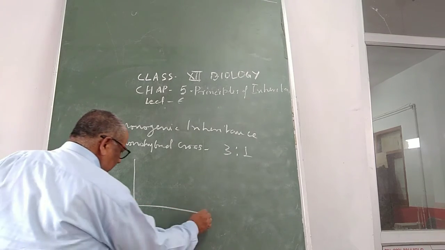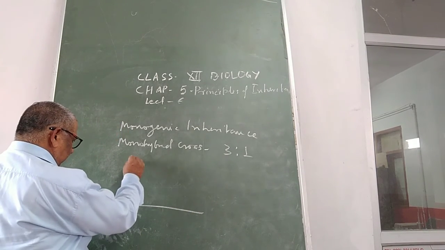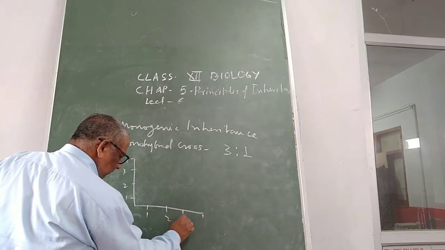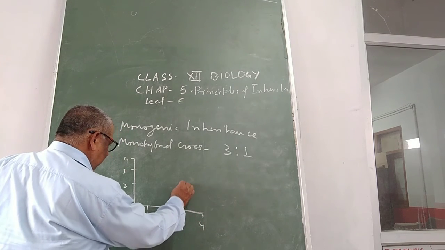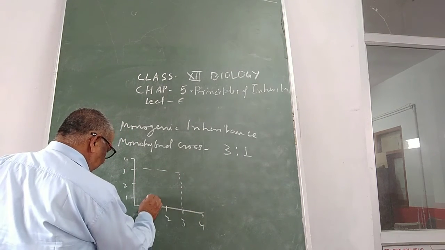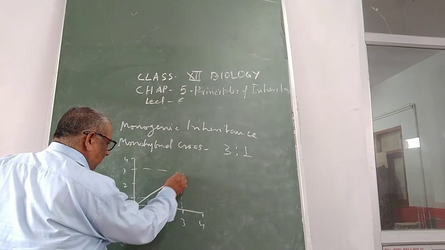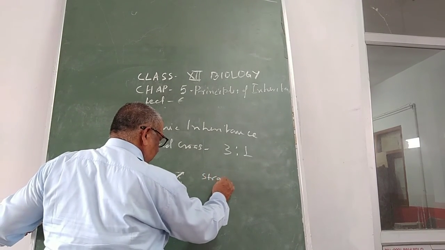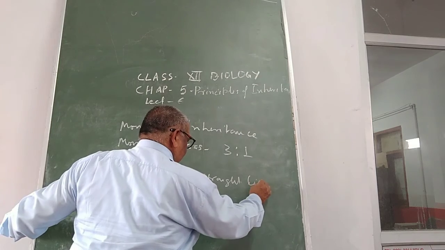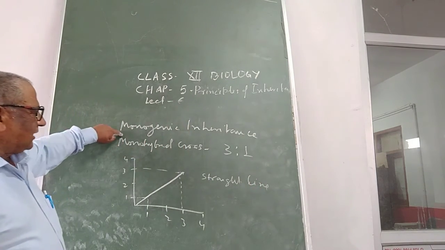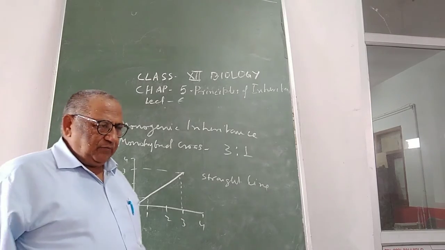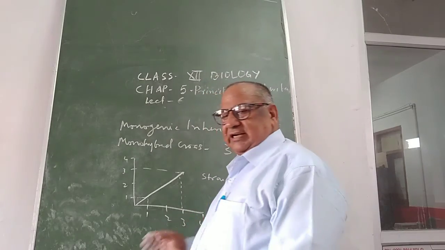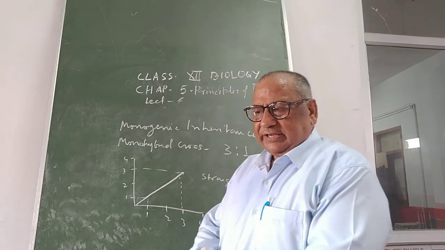If we plot it, we get this type of straight line in the case of monogenic inheritance, while we get a parabolic curve in the case of polygenic inheritance. So this is the difference between monogenic inheritance and polygenic inheritance.